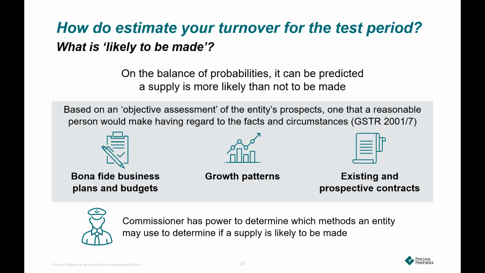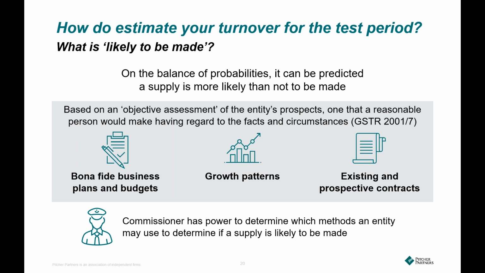The first part would be the actual turnover that you've derived between 1 April and the 16th of April, being yesterday. And the second part would be the expected turnover that you expect to derive between today and the end of the month. And together, those 2 amounts form the projected GST turnover for the relevant period, being the month of April.